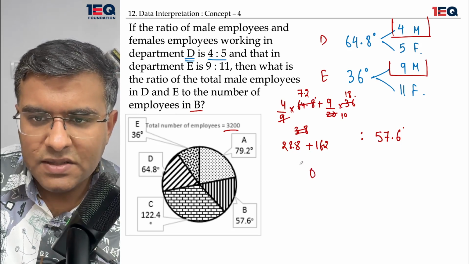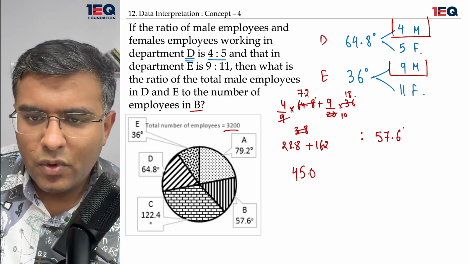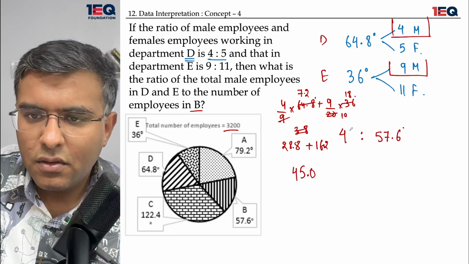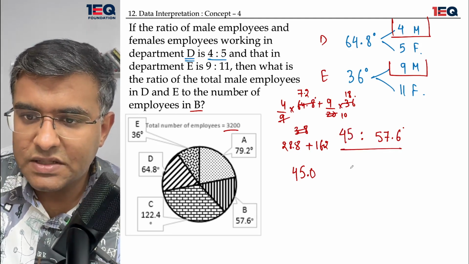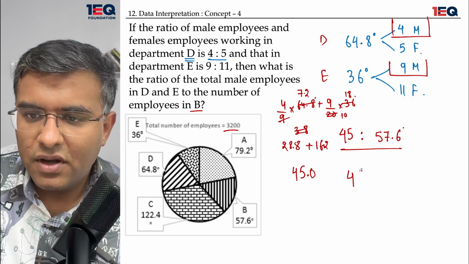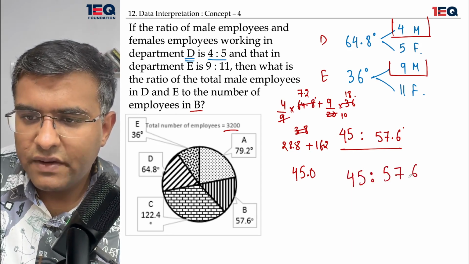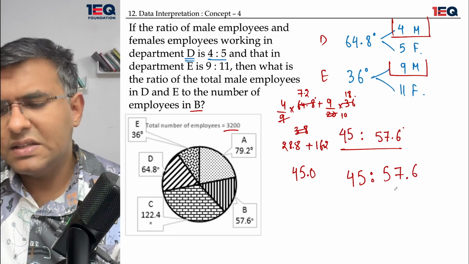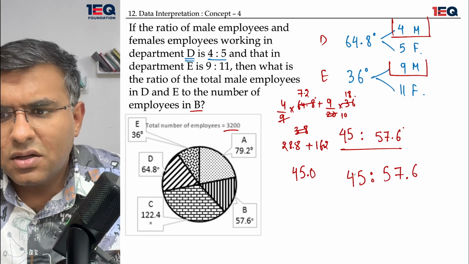This all makes up 45. So what I have here is 45 is to 576, or 57.6.